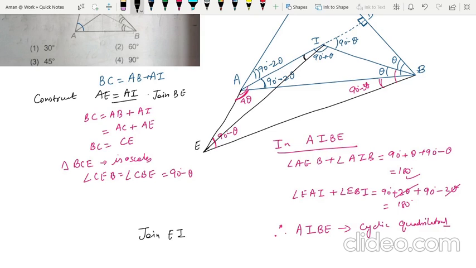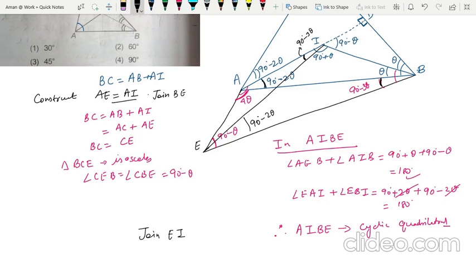So this angle AIE will be equal to 90 degrees minus 3 theta, and this other angle will also be 90 degrees minus 2 theta.